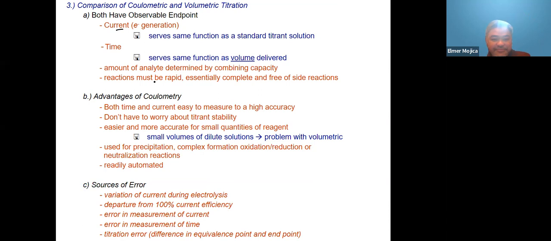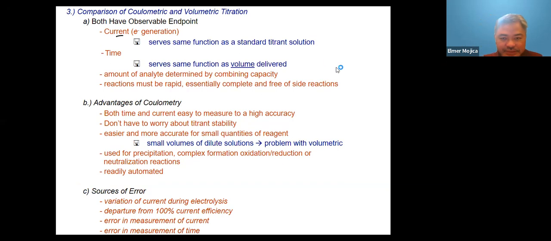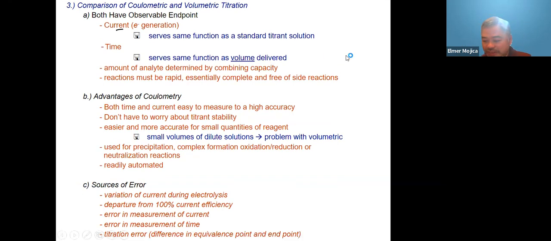And then time, you can use time as a function of the volume that is delivered, especially if it's automatic. There's usually a device for this, commercially available. Okay, and then the amount of the analyte is determined by combining capacity.